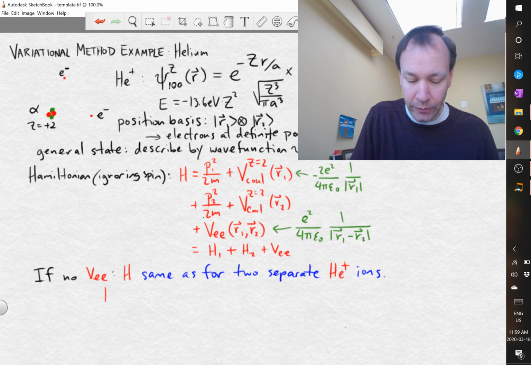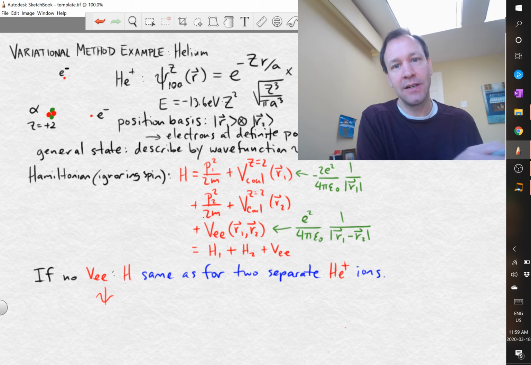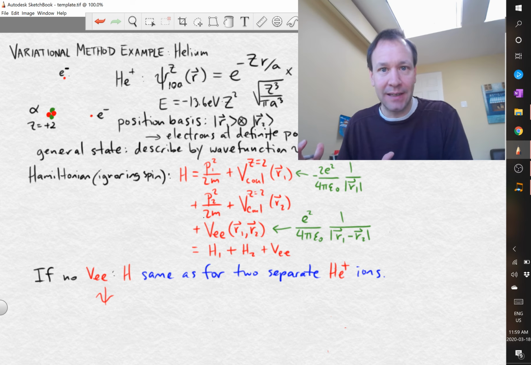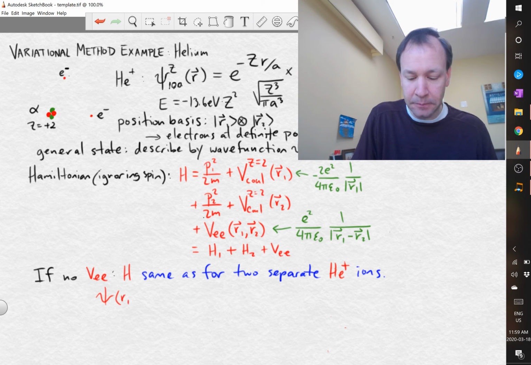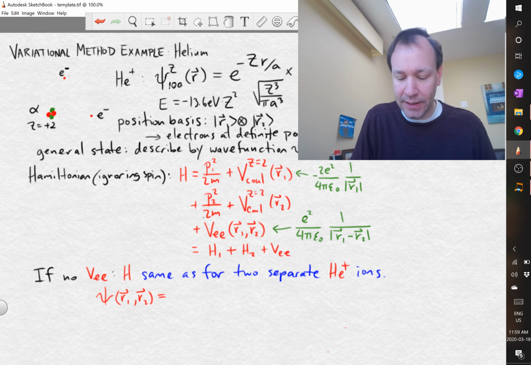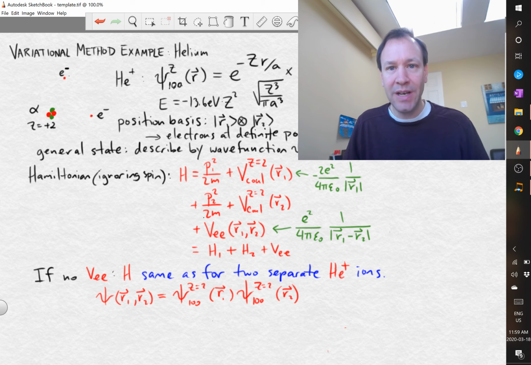The state is just the ground state for the first electron and the ground state for the second electron. So the wave function of R1 and R2 is the product of psi 1,0,0 with Z equals 2 for the first electron, and psi 1,0,0 with Z equals 2 for the second electron. That would be the ground state wave function.